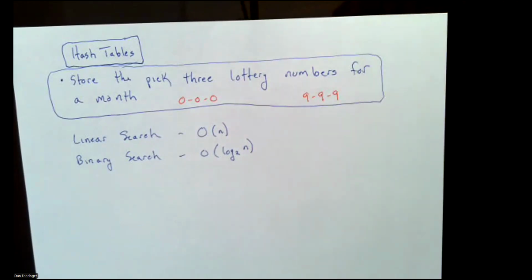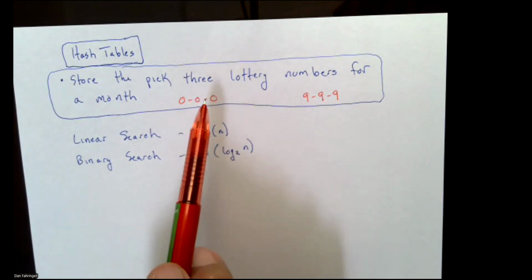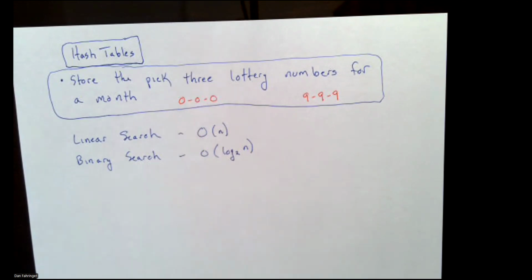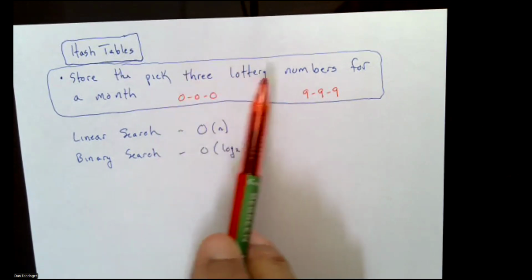We'd like to use 0, 0, 0. We need the three digits there, but we want to store numbers, this choice of a whole lot of numbers. When I store them, I may eventually want to ask, hey, was the number 1, 2, 3 picked? You need to store these somehow.